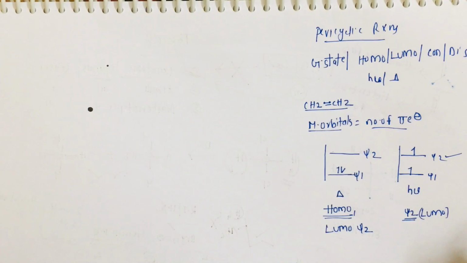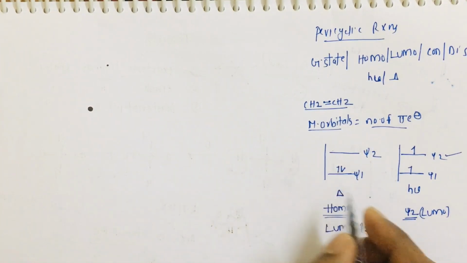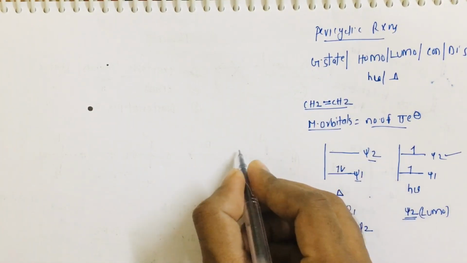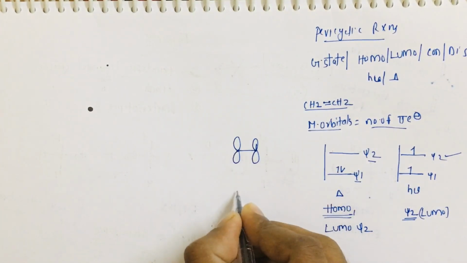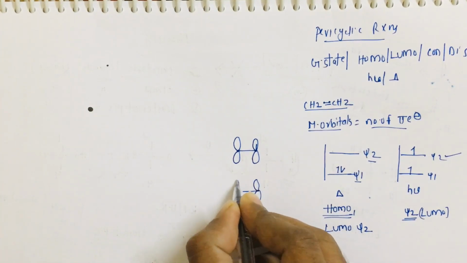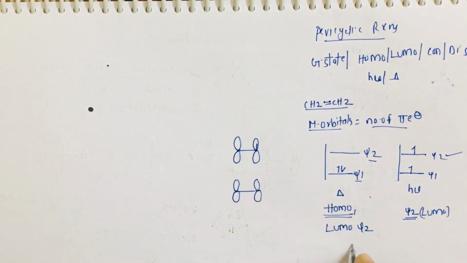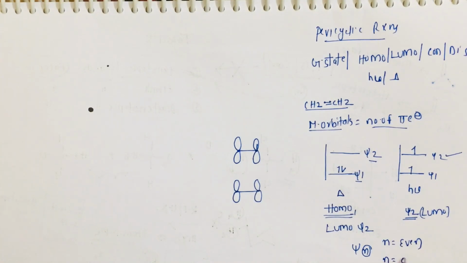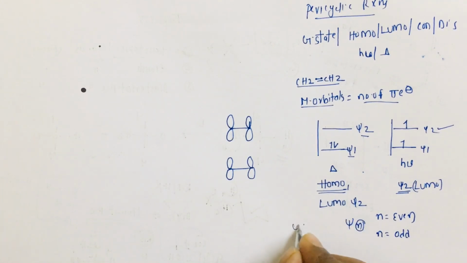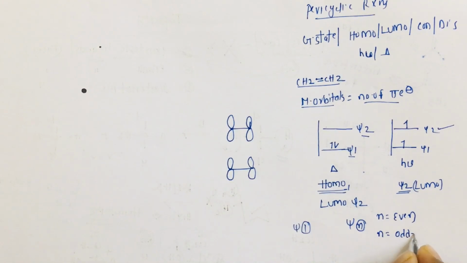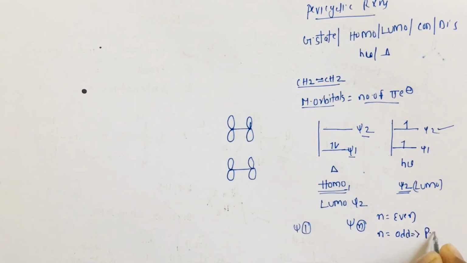Okay, now there are two symmetry criteria to identify whether it is psi1 or psi2. So two orbitals we take like this. Just remember this psi n. If the n value is even, one condition, and if n is odd, another. So for psi1, the n value is odd. When it's odd, there is a presence of a plane of symmetry.